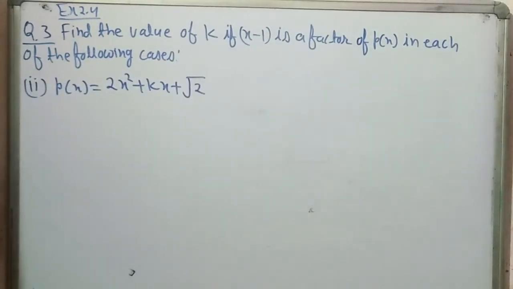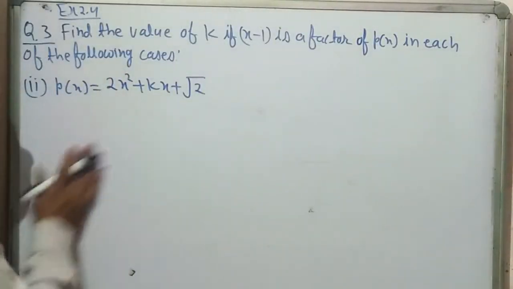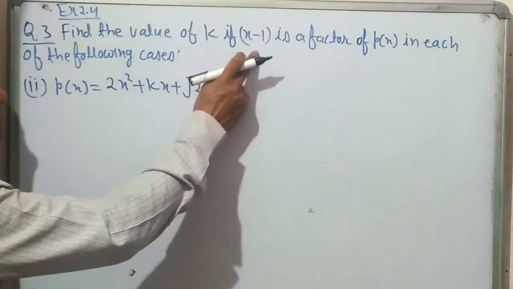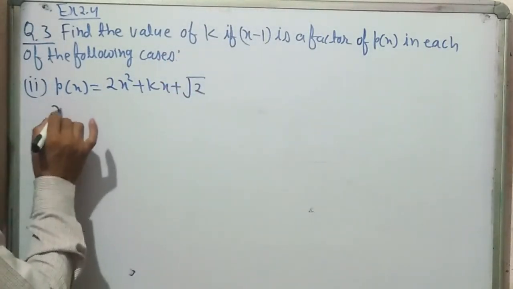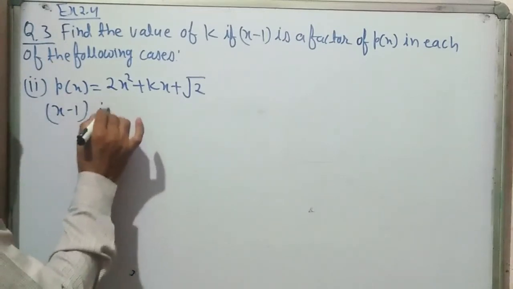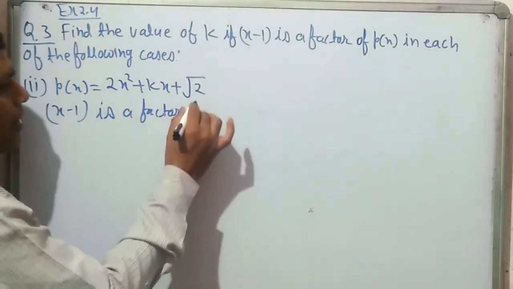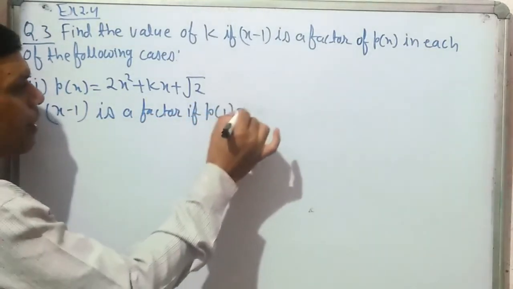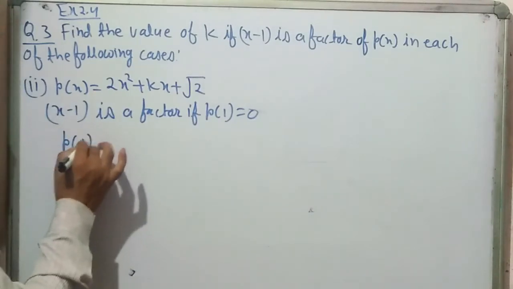The second part, dear students, is the polynomial given is 2x square plus kx plus root 2 for the same factor. That means we have to find again p(1). We can write the statement x minus 1 is a factor if the polynomial's value at 1 is 0. So we find out p(1).